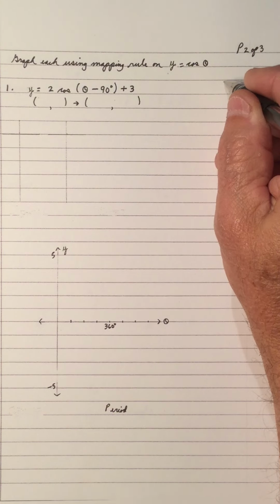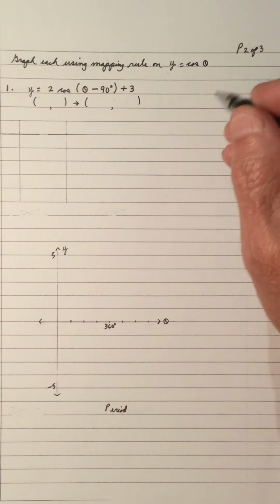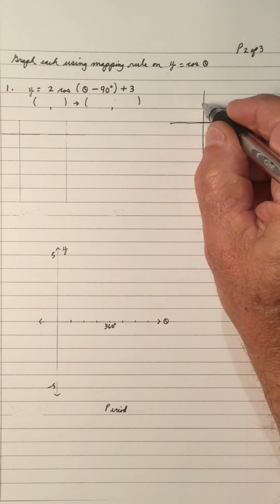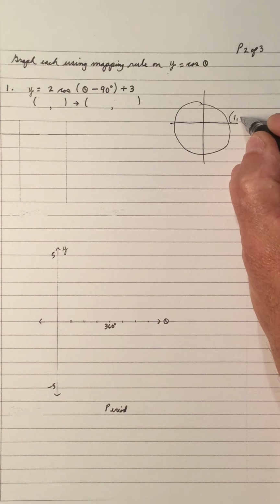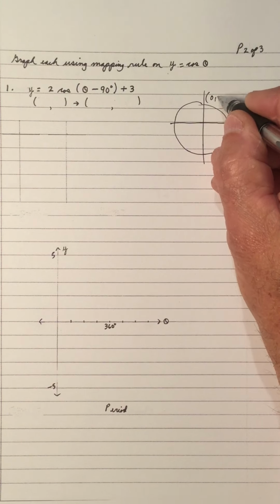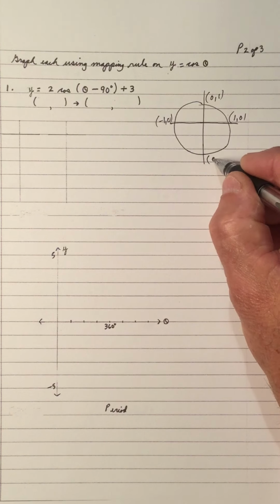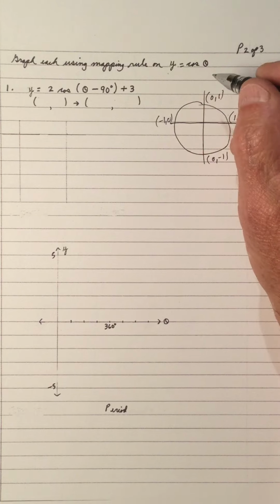Well, first of all, let's do a little review here. Let's draw the unit circle. The unit circle has the points (1, 0), (0, 1), (-1, 0), and (0, -1). Even though I have a y here, cos is the x.